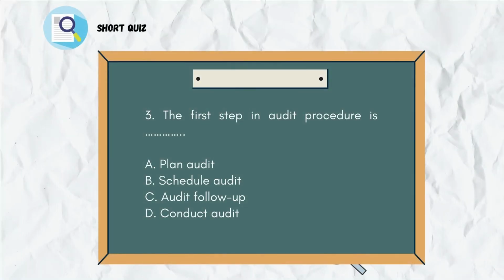For the third question, first step in audit procedure is A. Plan audit, B. Schedule audit, C. Audit follow-up, and D. Conduct audit. The answer is B. Schedule audit.